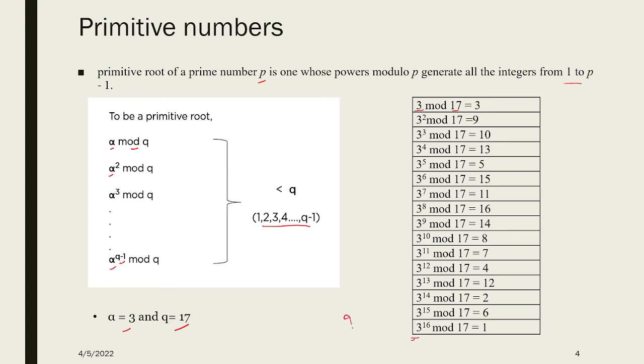Here our Q is equal to 17, so Q minus 1 is equal to 16. Until 3 power 16 we have to make the calculations. On the right hand side we have the answers, where all the values will be from 1 to Q minus 1, that is 1 to 16. So if you have all the values from 1 to 16 without any repetitions, then this number is said to be a primitive root.